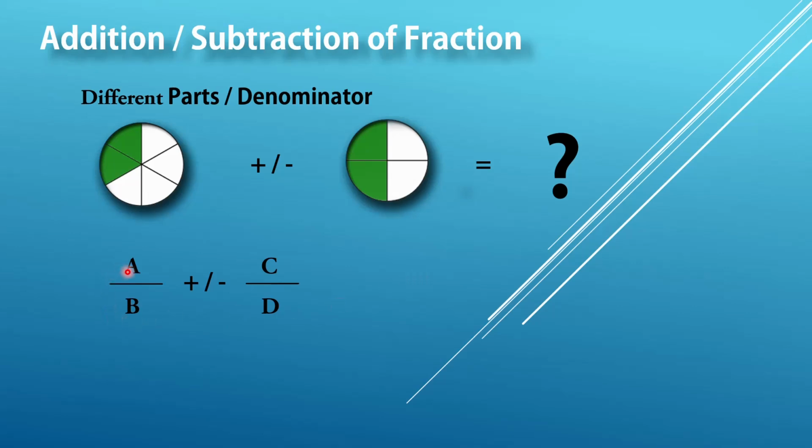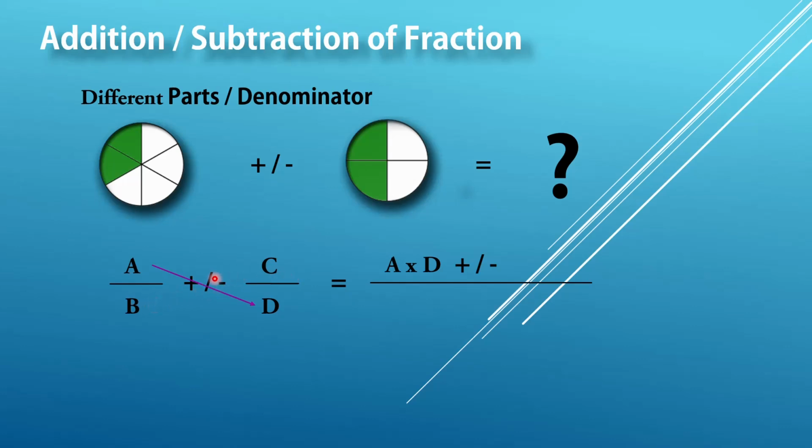So what we need to do first is multiply a and d. Whatever operation you have in between, plus or minus, you keep it. If it is plus, then plus. If it is minus, then minus. Then b and c.